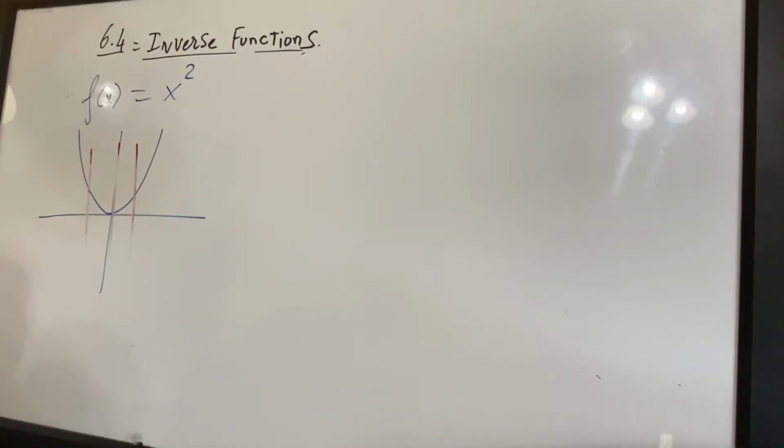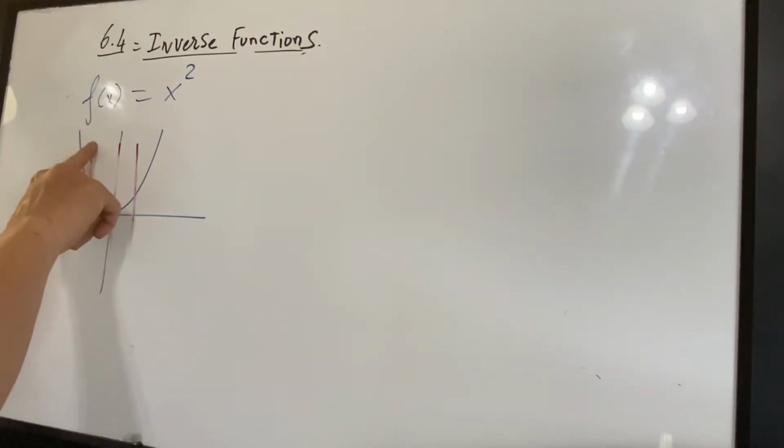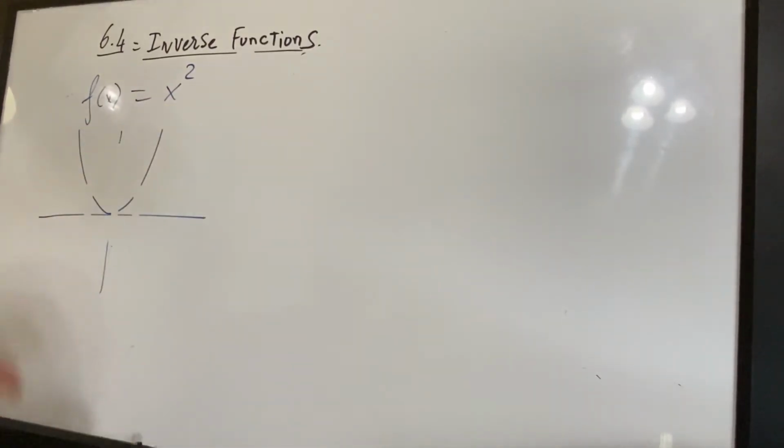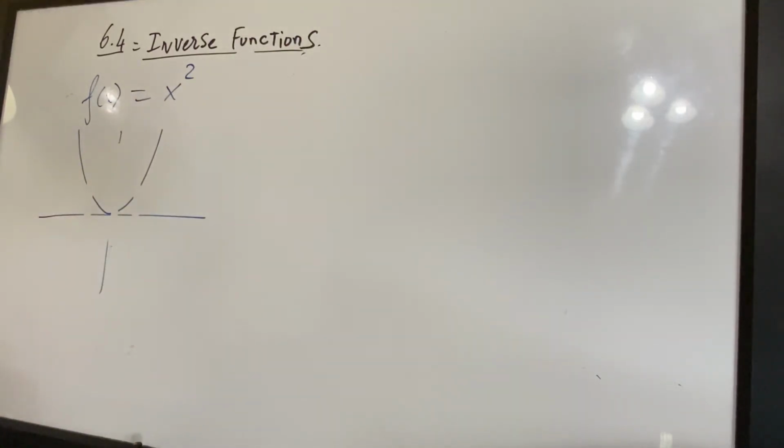To be a function, a relation must pass the vertical line test. Now, for a function to have an inverse function, that's a key thing I just said, that function must pass the horizontal line test. In a moment, I'm going to demonstrate that to you real quick.